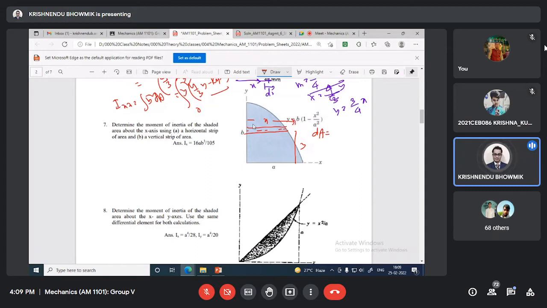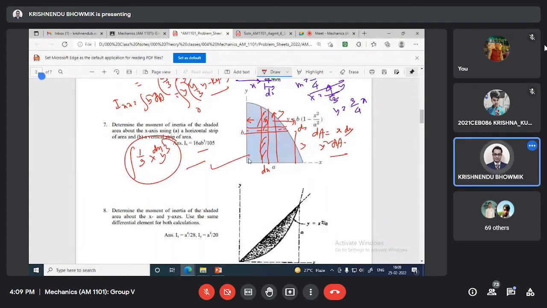I am giving the hints only, you have to do it carefully. dA will be x dy, so y square dA. And if you take the vertical strip, dx, this is y, then you will use integration of 1/3 y cube dx. You convert it and you will get the results.